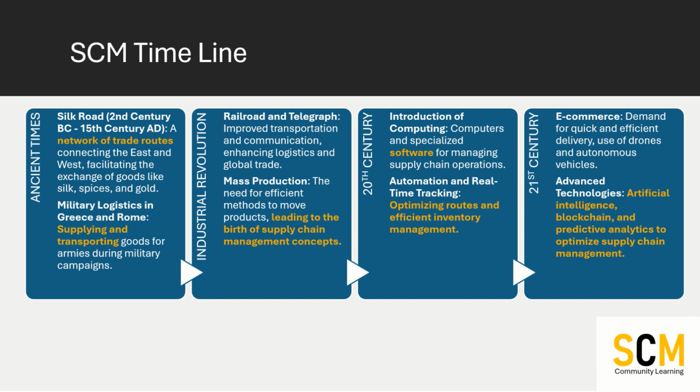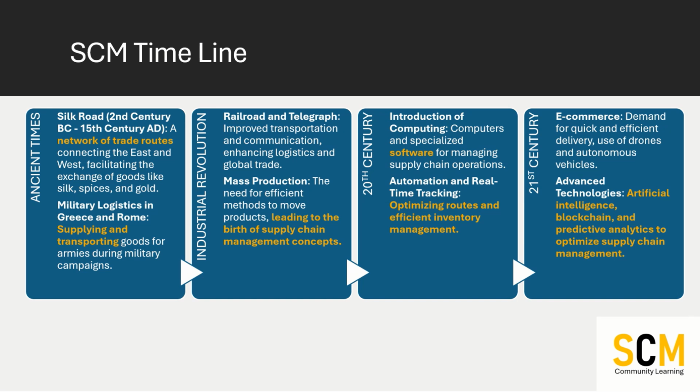And in the 20th century, with the introduction of computers and software for managing supply chain operations. We have a lot of software. We are going to talk about this software in the following chapters. But nowadays, as in this slide, software is very important for controlling the lean supply chain.